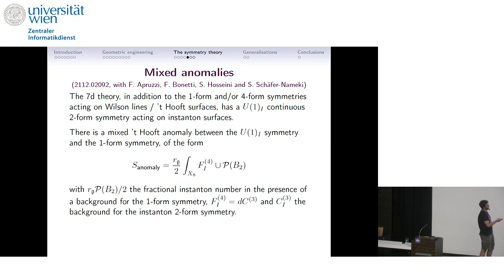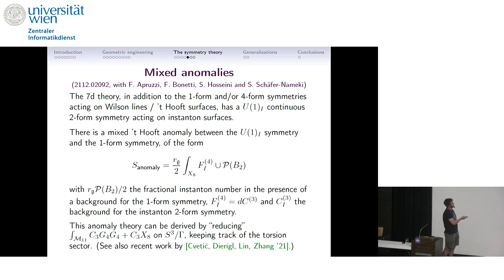This thing here is the Pontryagin square. Think of it simply as B2 squared. I'm just writing it in a bit more general way, but it's just B2 squared, essentially. And then there's a coefficient here. So B2 is the background for the 1-form symmetry, and there's a coefficient here that you need to compute. Okay, so there's a mixed anomaly, meaning that whenever you turn on a 1-form symmetry background, it can acquire instanton charge. So this is a very subtle phenomenon, but it happens in 4 dimensions and higher.